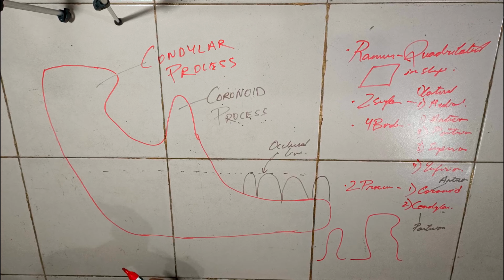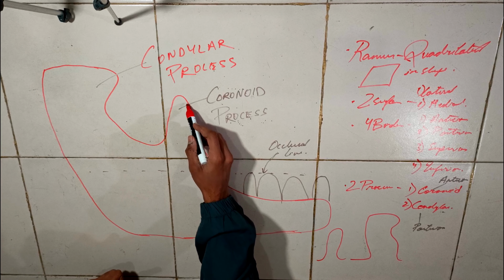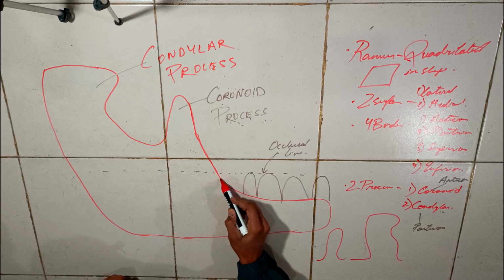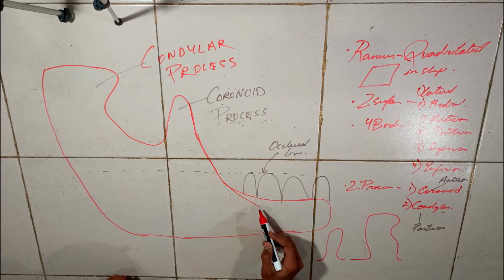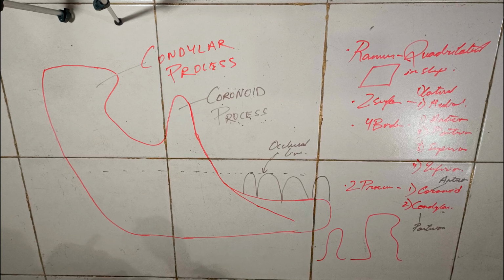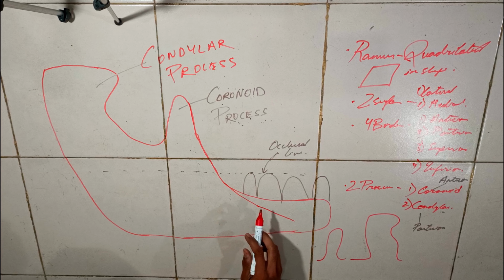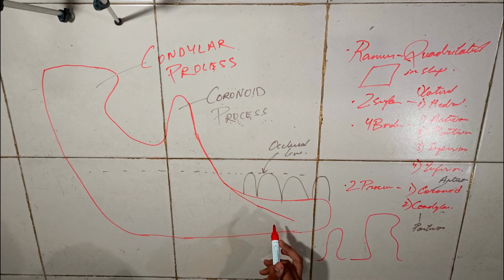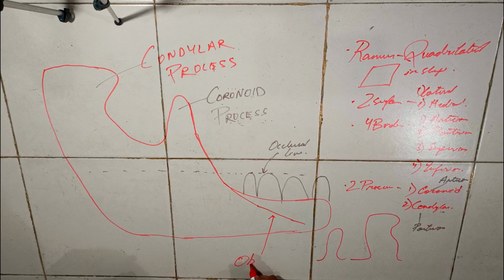Now, the anterior border of the ramus of mandible goes down obliquely, downwards and forwards, or anteriorly and inferiorly towards the body of mandible, and this is called the oblique line.